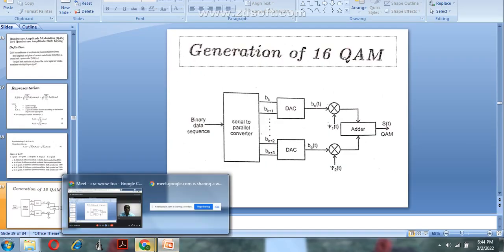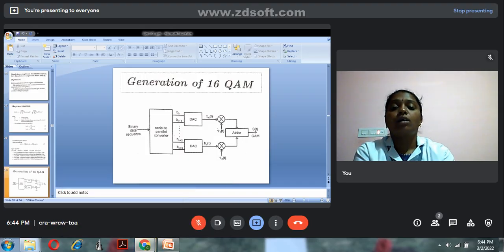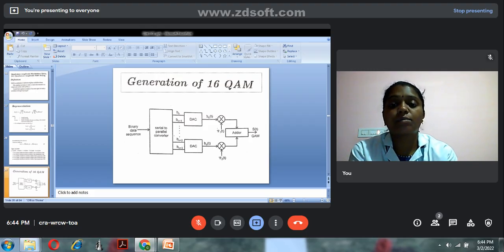So the generation of QAM: the binary data sequence is applied to a serial to parallel converter. Then we have the parallel outputs, for example Bk, Bk plus 1, Bk plus 2 and Bk plus 3, like that. These binary signals are applied to a DAC, that is a digital to analog converter.